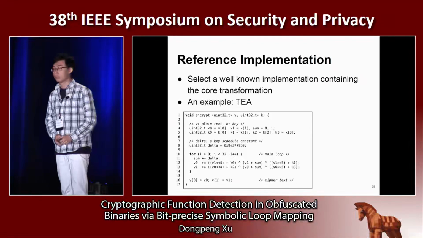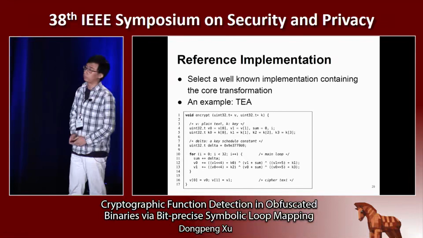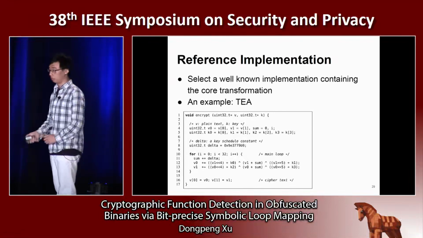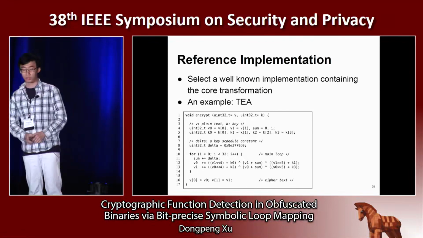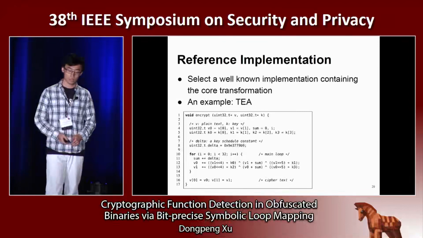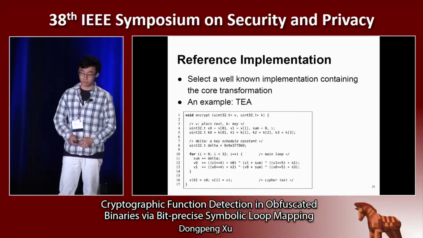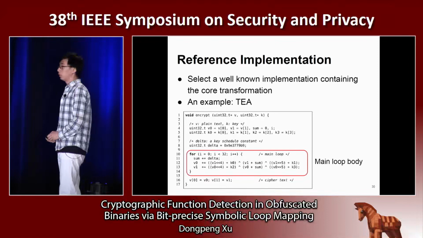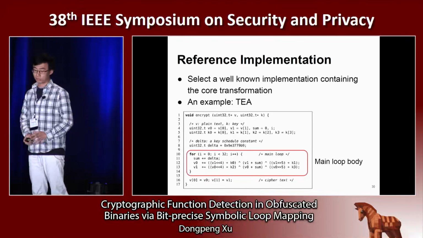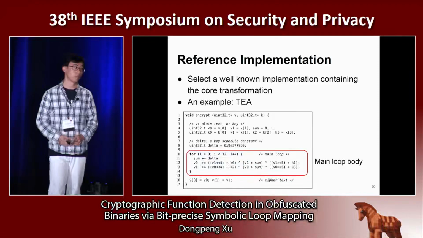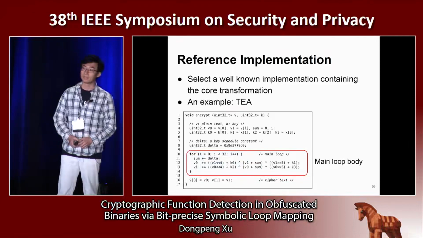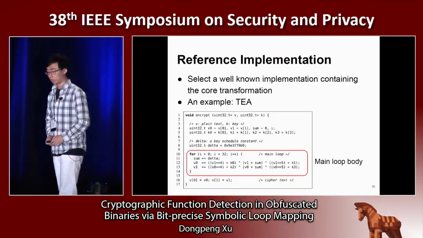We need a reference implementation, which is usually selected from a very well-known implementation of the crypto function. Here, I show an example of TEA. The reference implementation should contain the core transformation of the crypto function, which can represent the semantic of that crypto algorithm.